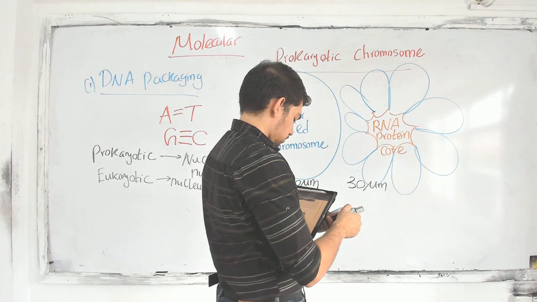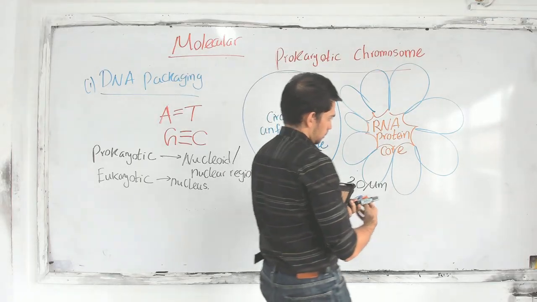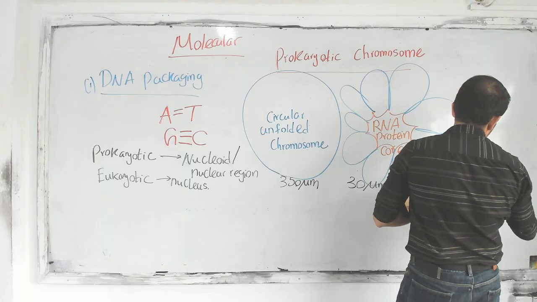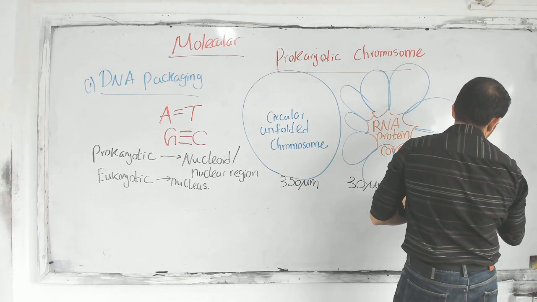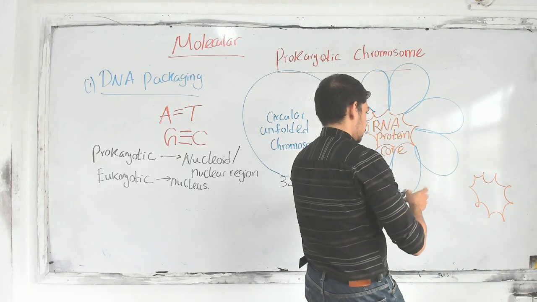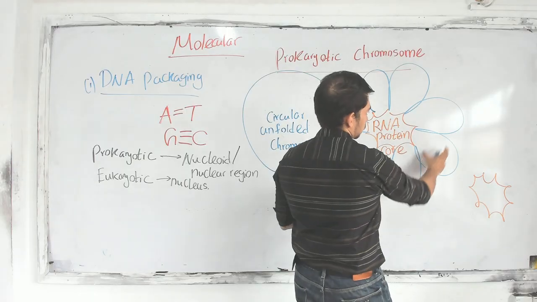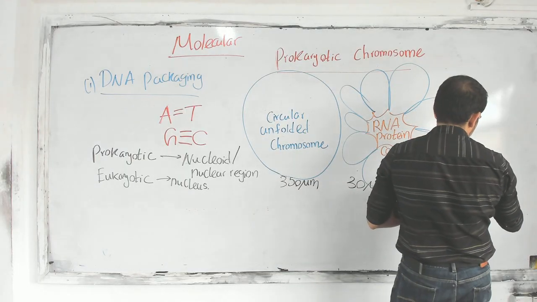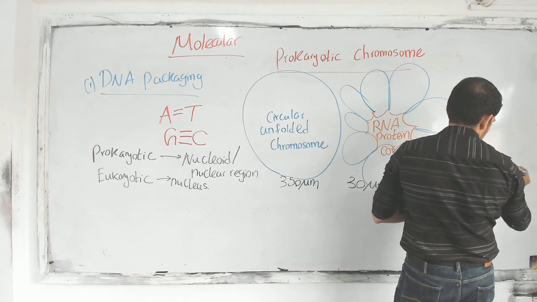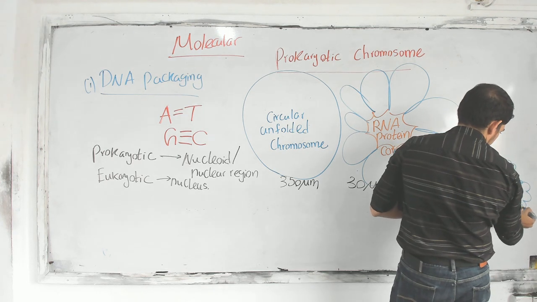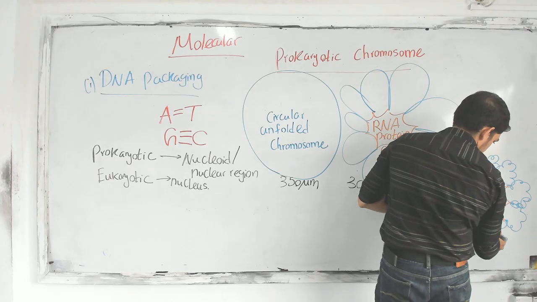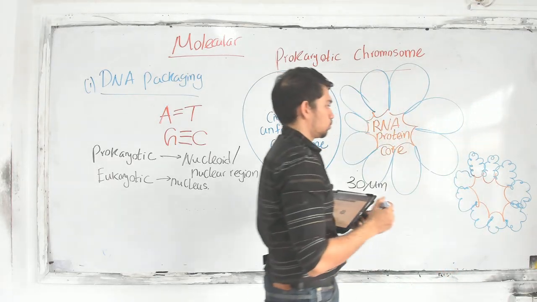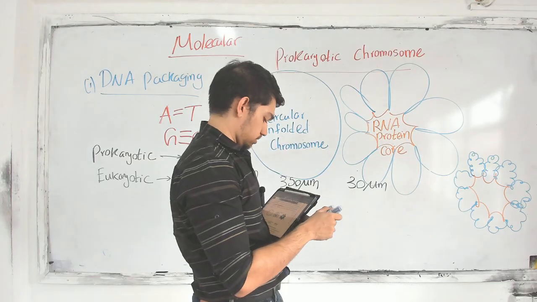Final folding, what's going to happen is, I'll draw it here. These curves around this RNA protein core, these loops are going to further coil tightly, to the final nicely condensed level.